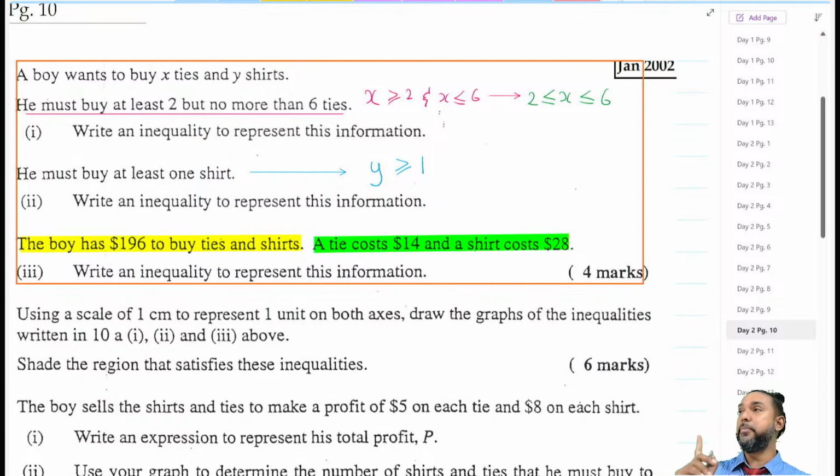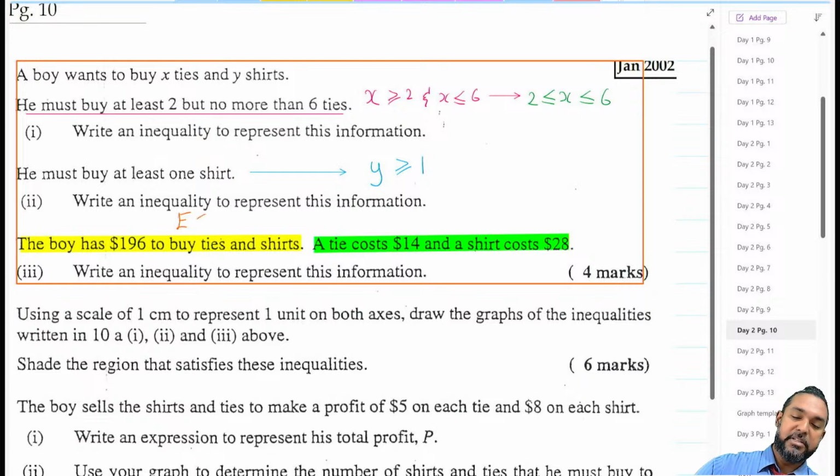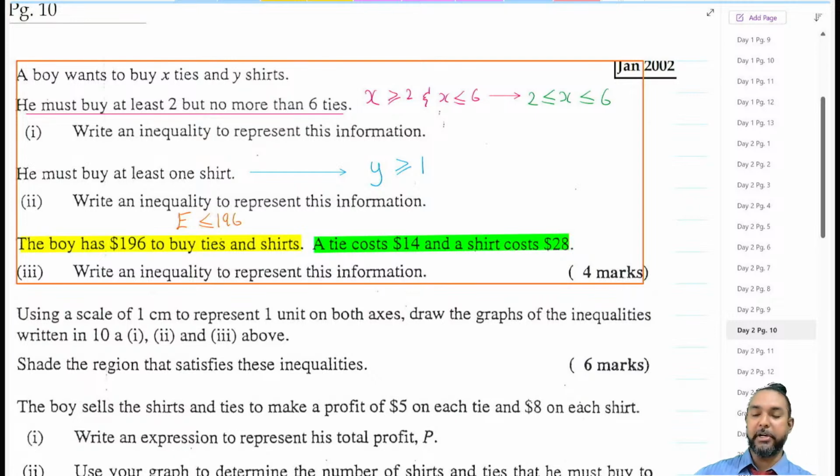So the total amount of money the boy spends must be less than or equal to 196, right? So I'm just going to put a temporary statement here. I'll put E for expenditure. So E must be less than or equal to 196, right? Okay.